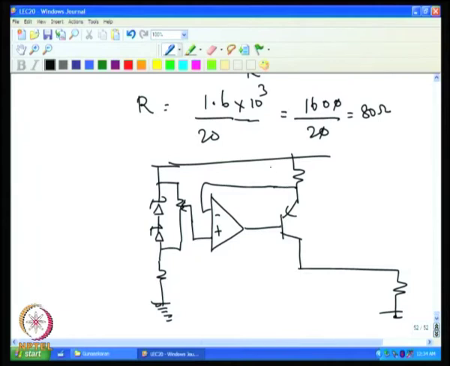So, normally what is done is, we add a potentiometer here and then terminate this with another potentiometer like this. So, this is taken as a span pot.